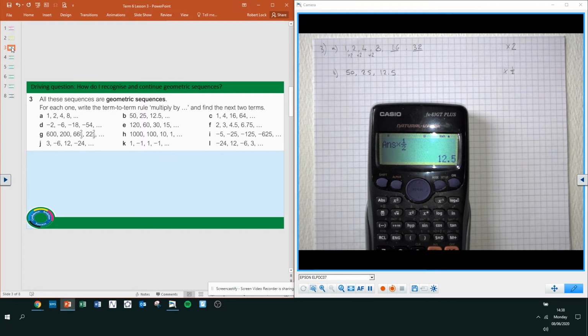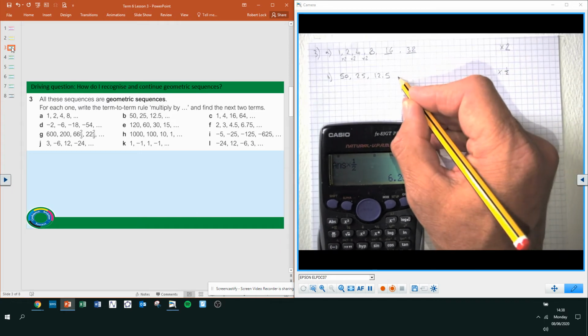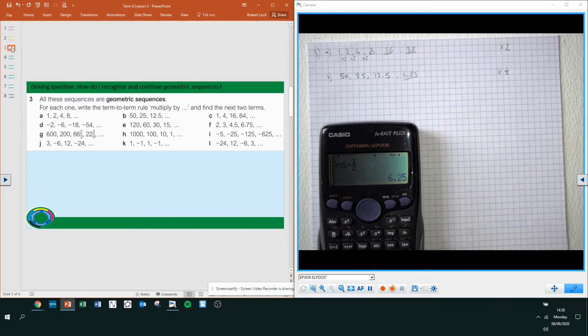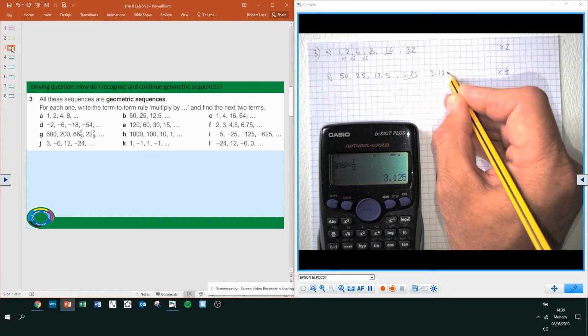So the next one after, times by 1 over 2 again gives us 25 over 4, which is going to be 6.25. And then times by a half again, the answer is 25 over 8 or 3.125.